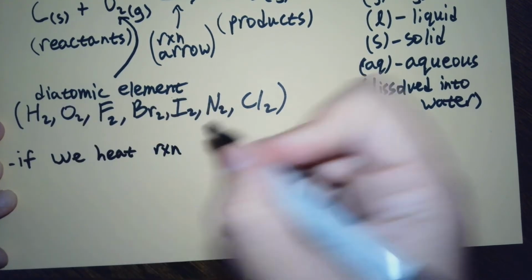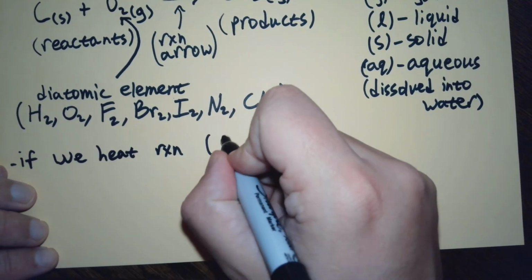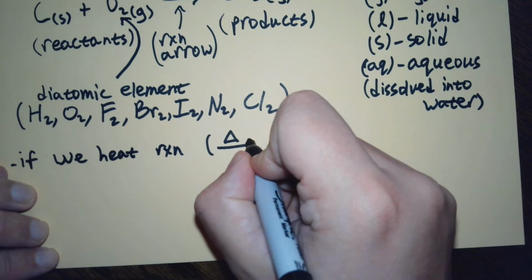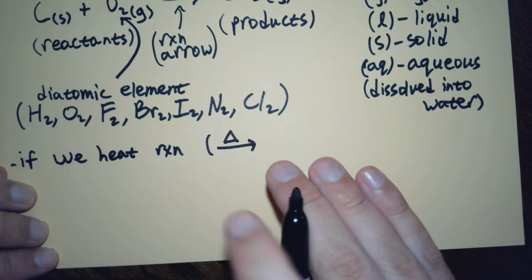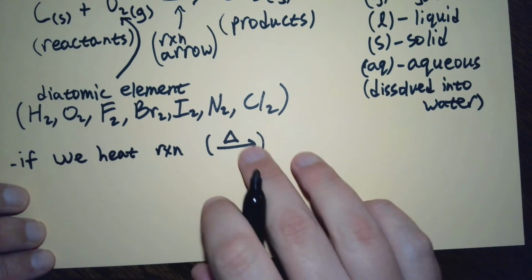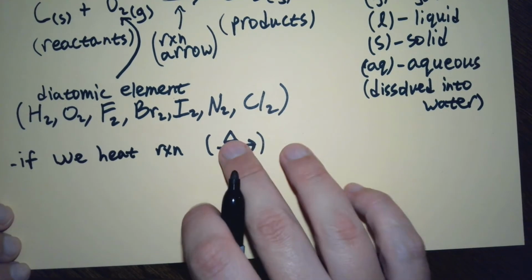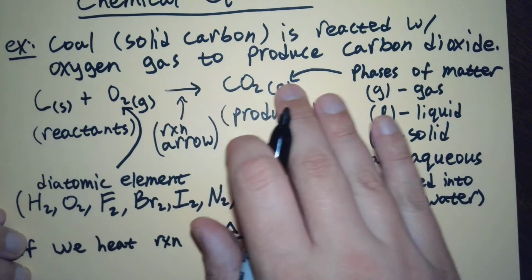We say what we do, and then I'll talk about how we write it. So if we heat the reaction, then we put a Greek delta, which some simple people might think is called a triangle. No, no, no. That's a Greek delta. Capital delta. We put that over the reaction arrow. So if you see that, you go, oh, maybe we put these together and then we added heat and we got something.